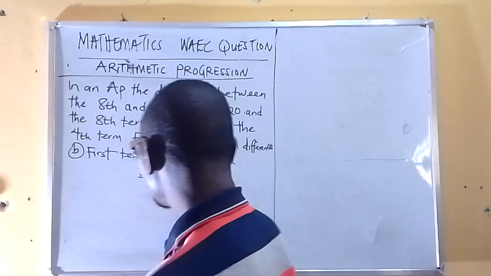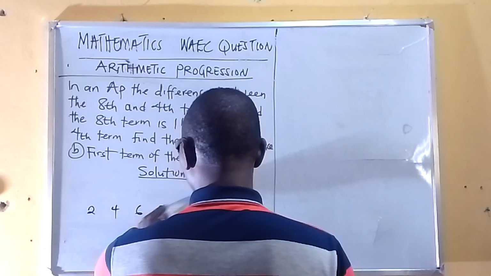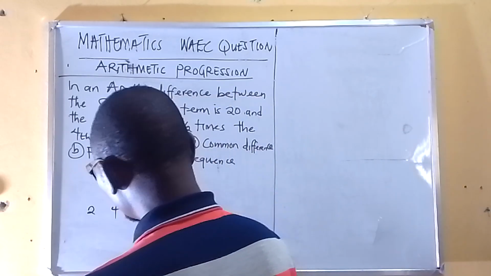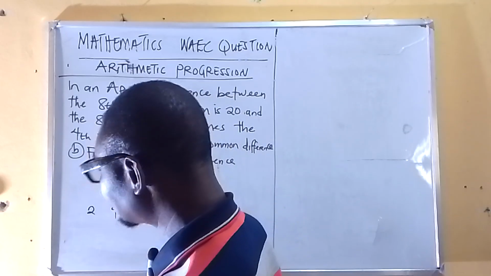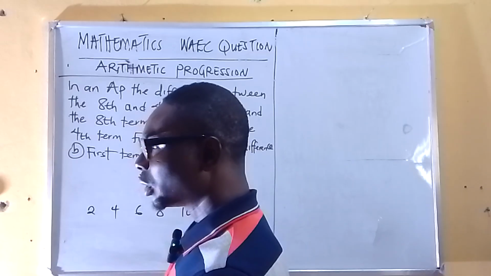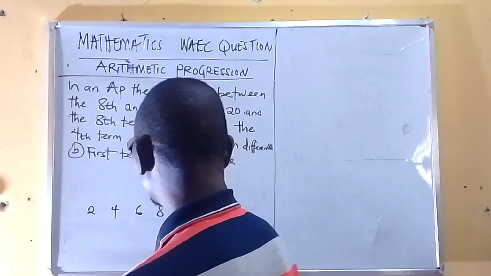When you are given a sequence, let's say 2, 4, 6, 8, 10, and so on, the common difference can be obtained by subtracting the first term from the second term, or subtracting the second term from the third term.